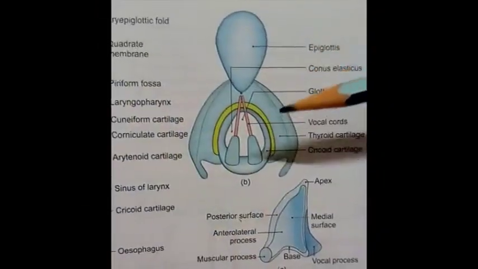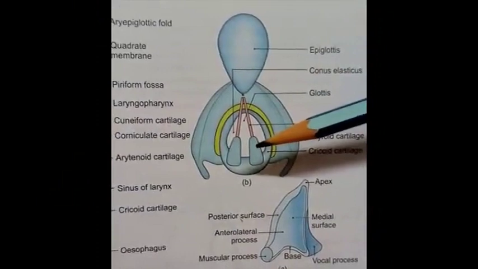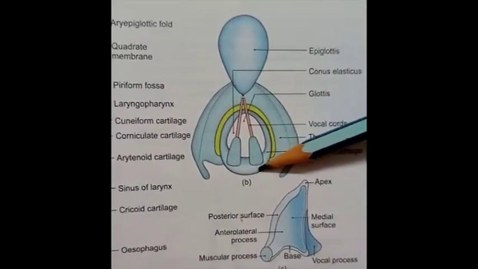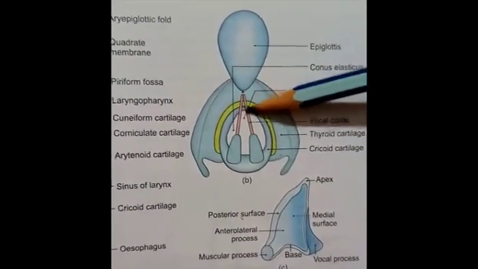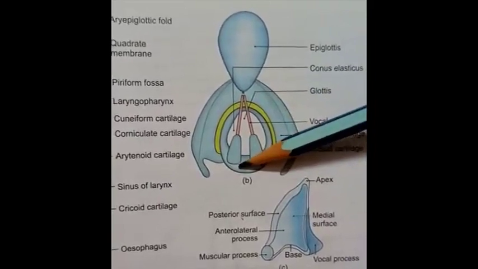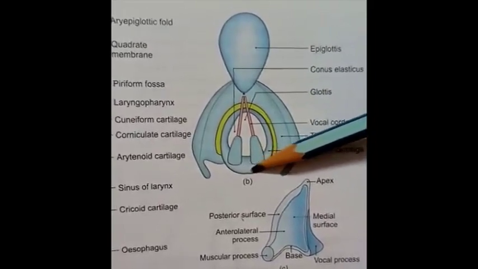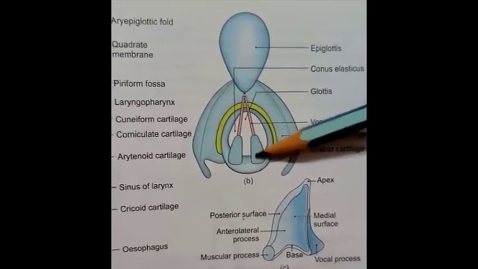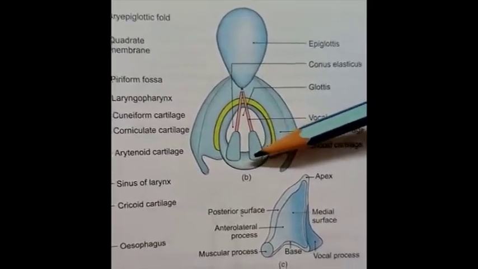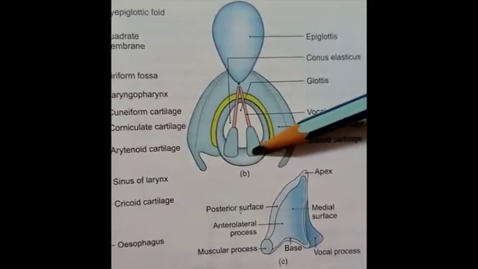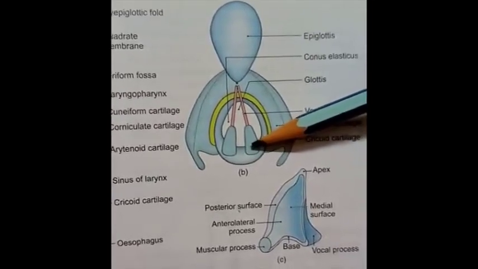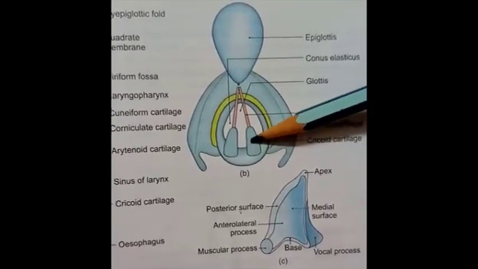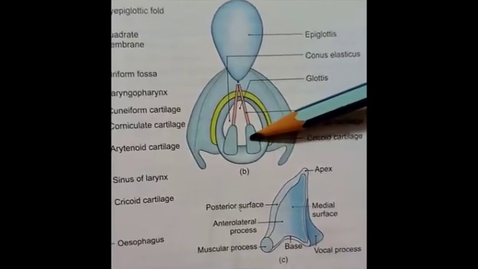In this diagram we can see the relation between the arytenoid cartilage, cricoid cartilage and the vocal cords. This is the inferiorly placed cricoid cartilage, and at the upper border of it there is attachment of the arytenoid cartilage. At the base of the arytenoid cartilage there is an anterior extension known as the vocal process.